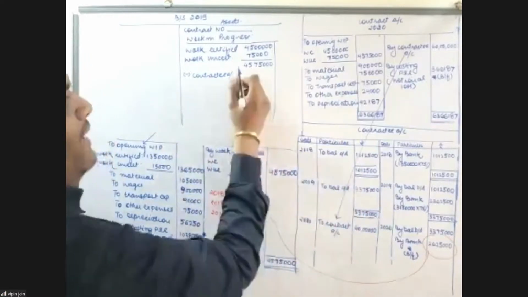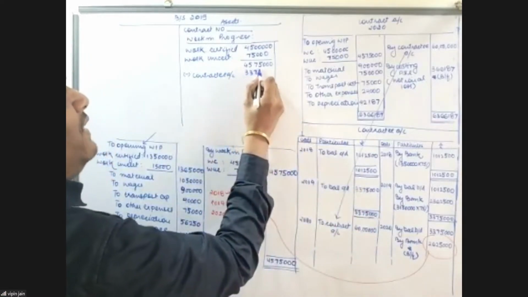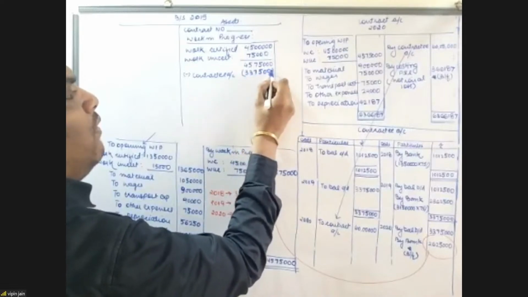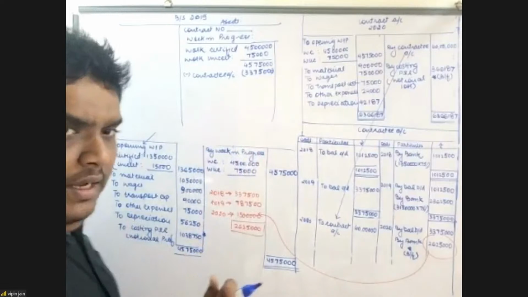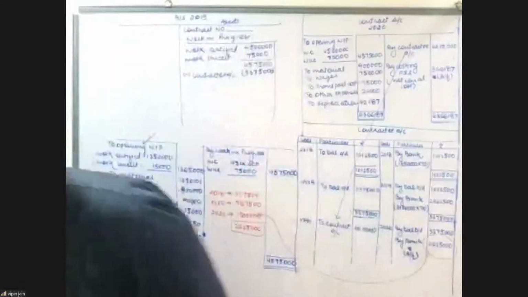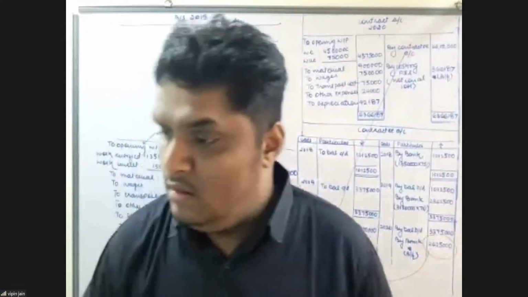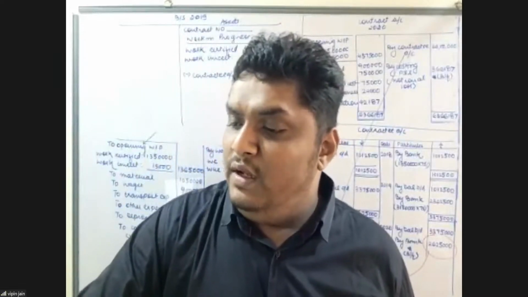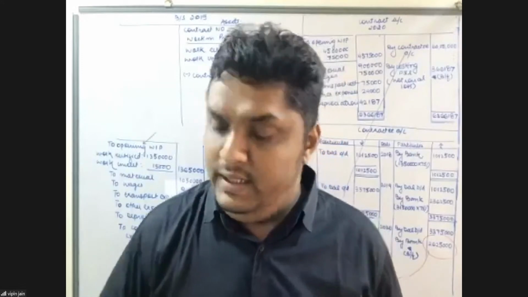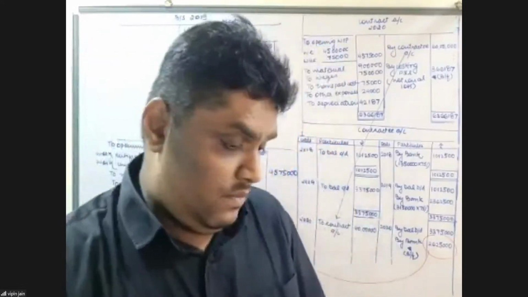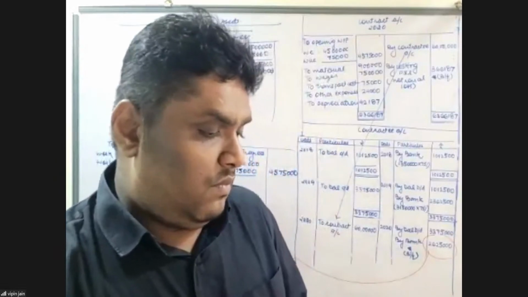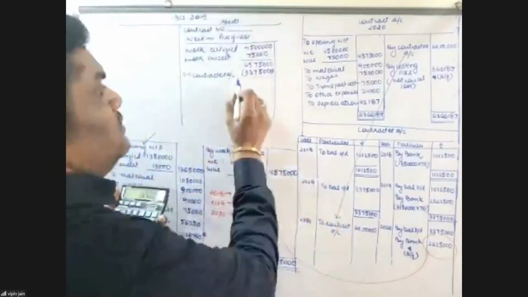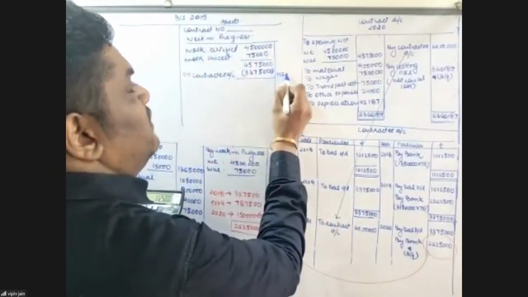So this is the closing balance, 33,75,000. So net amount will appear. The retention amount plus the amount of the work that is completed in 2020. So this will be 11,25,000.